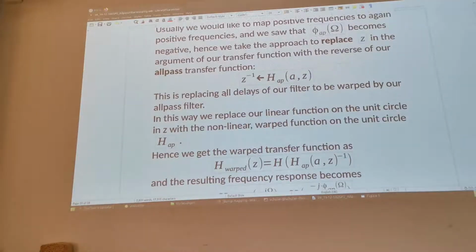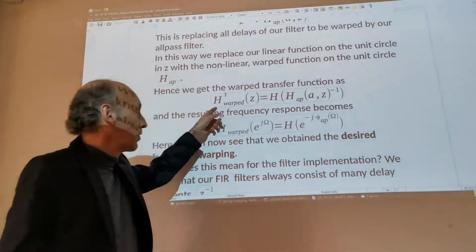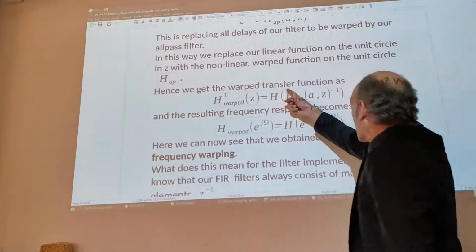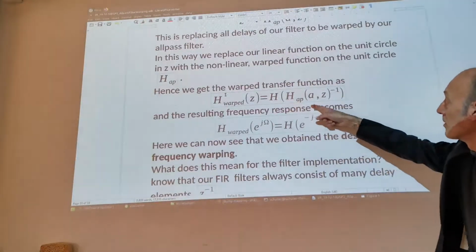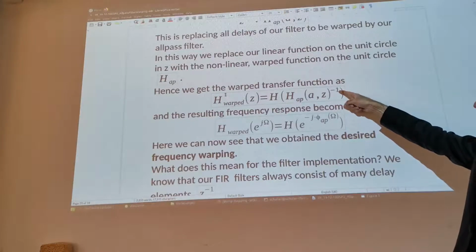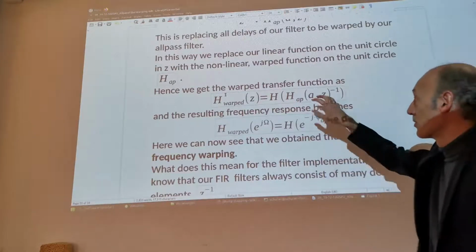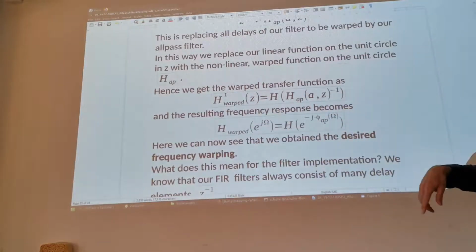So you can see it again. The warped filter results from taking the linear filter applied to the case where we replace Z by this all-pass to the power minus 1. Right, because we have Z, so we need to have this minus 1 here.